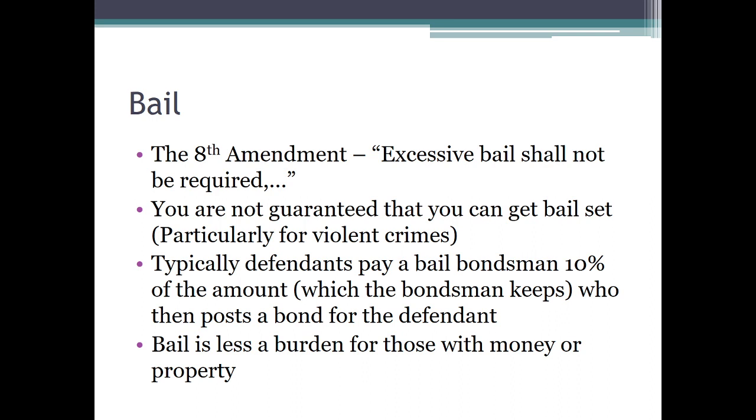Now that is the bail bondsman's to keep forever. This is his profit, in other words. The bail bondsman then goes to the court and posts a bond in the amount of $25,000. So again, you can see here that the amount of money you have really begins to have an impact. If you can make bail, you're going to get out of jail. If you can't make bail, you're going to stay in.